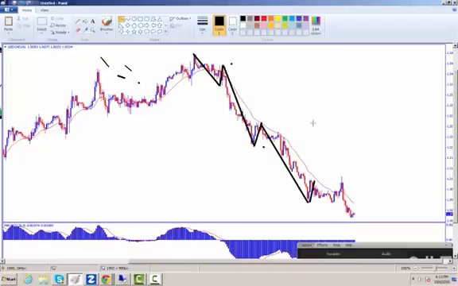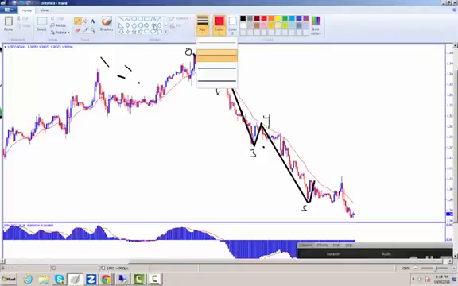So if we were to paint this in, we would look at this as a 0, a 1, 2, a 3, a 4, a 5, right? That's a 5 wave. 0, 1, 2, 3, 4, 5.